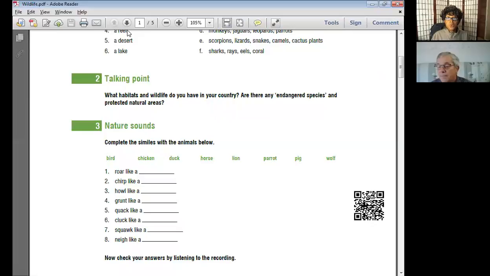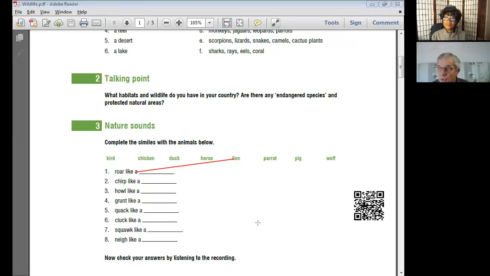So now what we're going to do is look at the nature sounds. I hope that you still have the control. And you're going to roar like a lion.